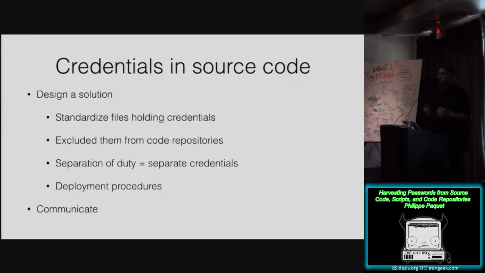You should also consider that you want separation of duty with separation of credentials. If you're developing with your production credentials, that is a really large problem. Development should happen with development credentials. Then you move your application to QA and use QA credentials. You move it to production with production credentials.